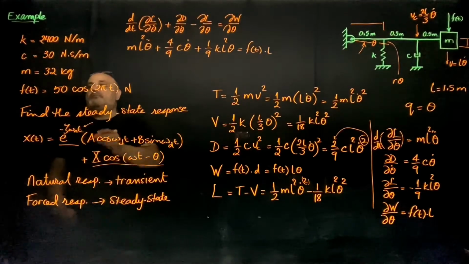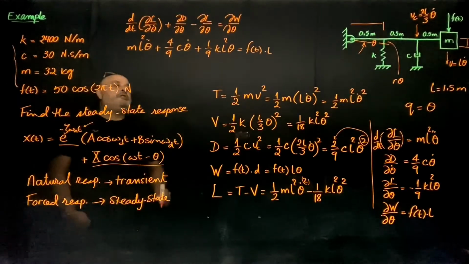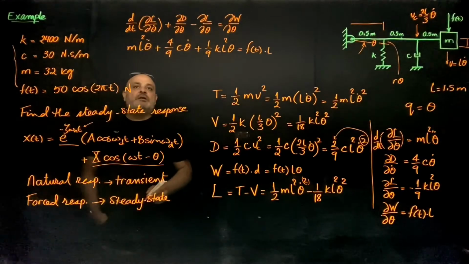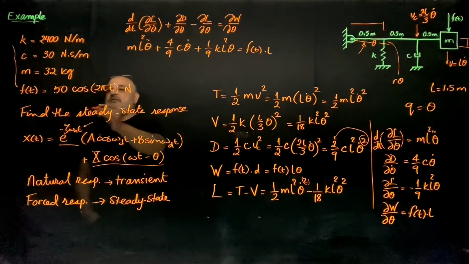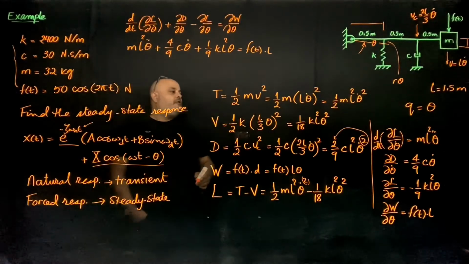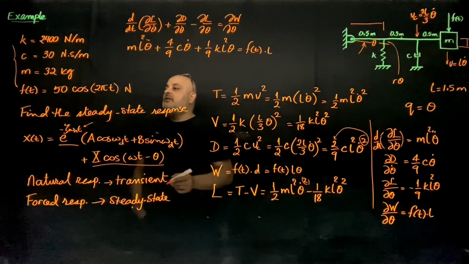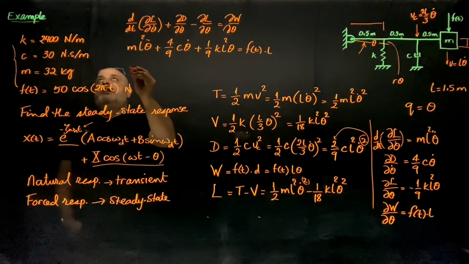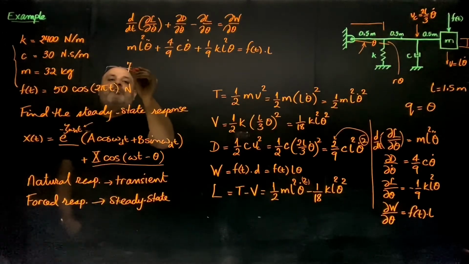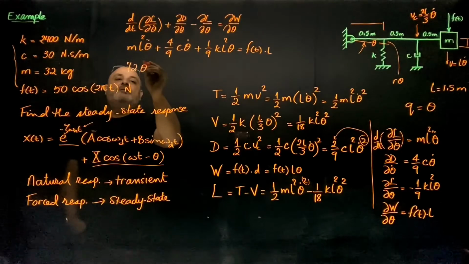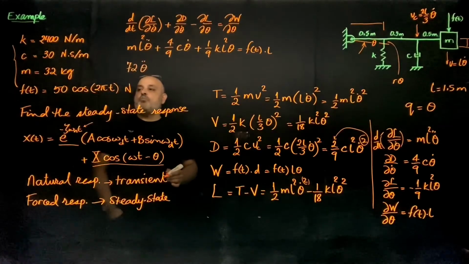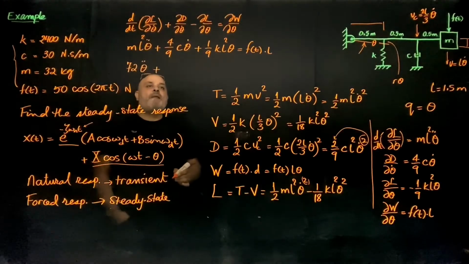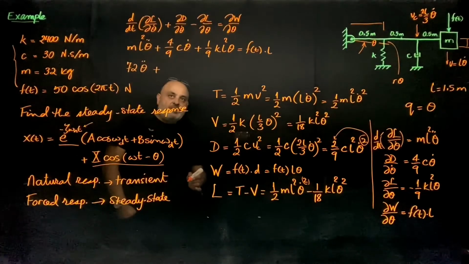Now I can plug those numbers into the equation of motion. The length is 1.5 meters and the mass is 32. So 1.5 squared is 2.25, times 32 is 72, theta double dot plus, I guess we're missing a term here.